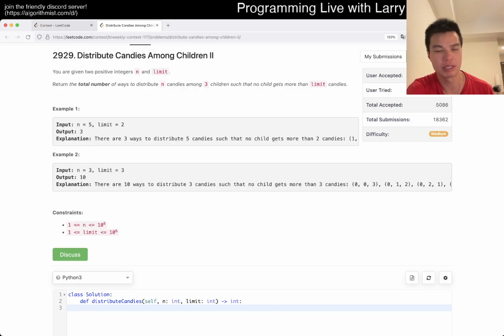So limit one. Can I limit, and then limit one and then limit two and then limit two? No, that doesn't make sense, does it?